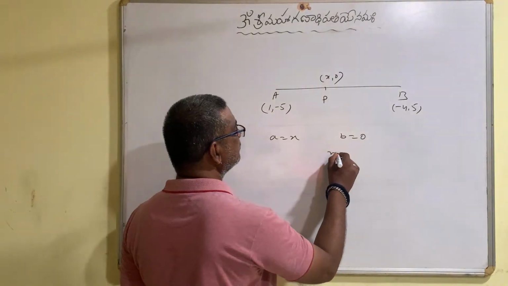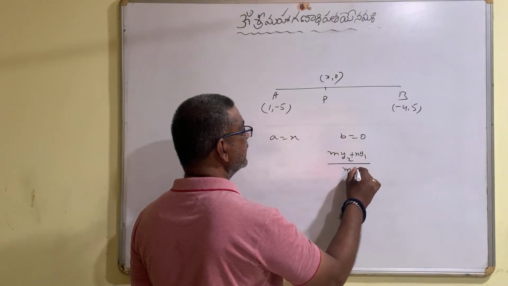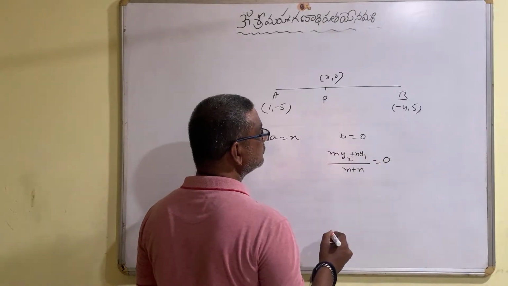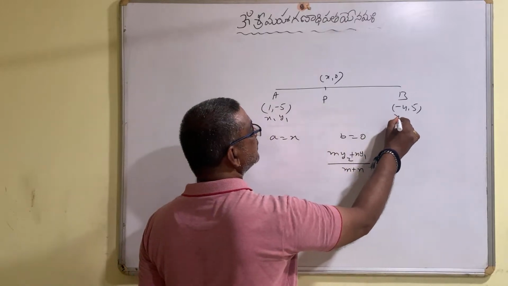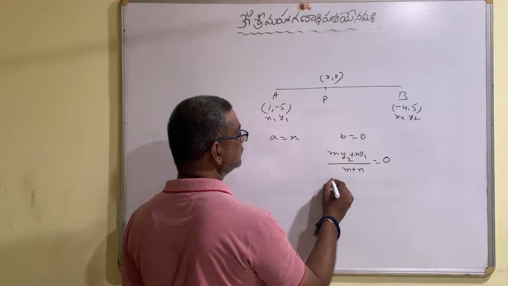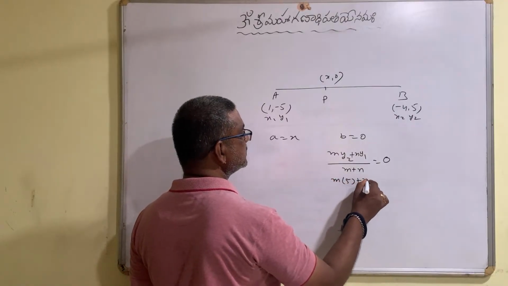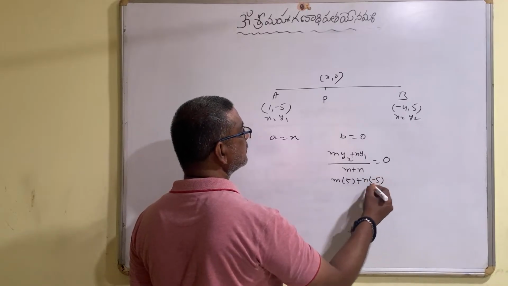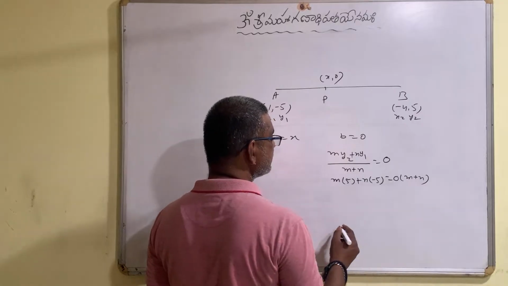The y coordinate formula: m y2 plus n y1 by m plus n is equal to 0. This is x1 y1, x2 y2. Now substitute the values. m y2 plus n y1 is equal to 0 into m plus n.